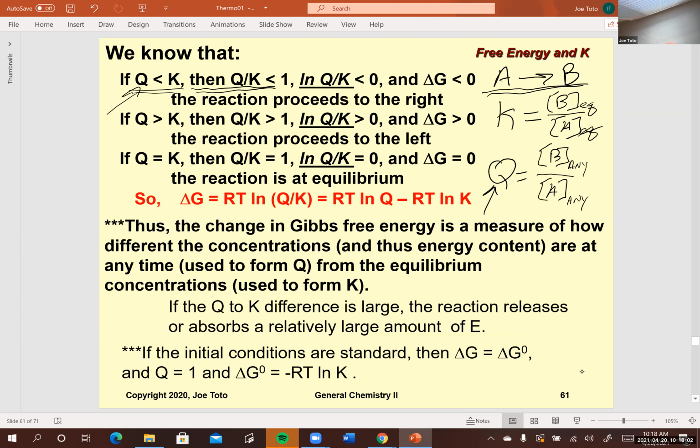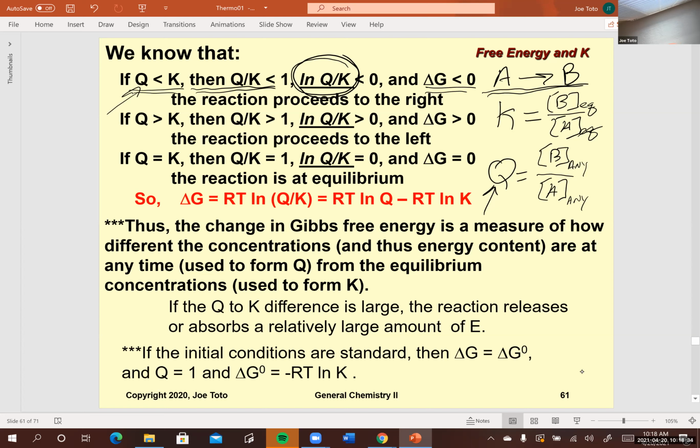When Q is smaller than K, that ratio is going to be less than 1. And we know that the natural log of any number between 0 and 1 is going to give us a negative value. So the log of that ratio is going to give us the right sign for delta G.